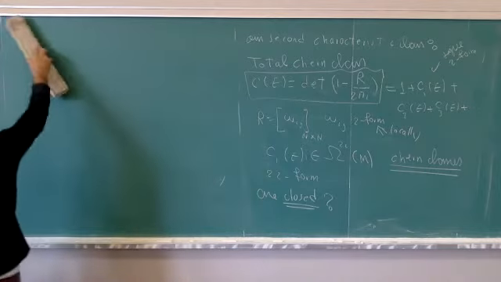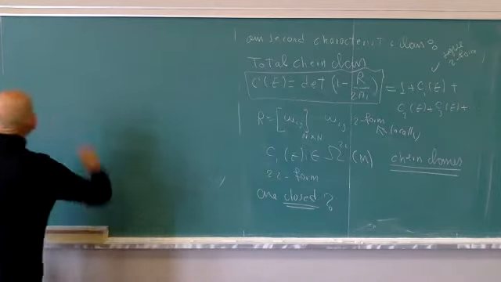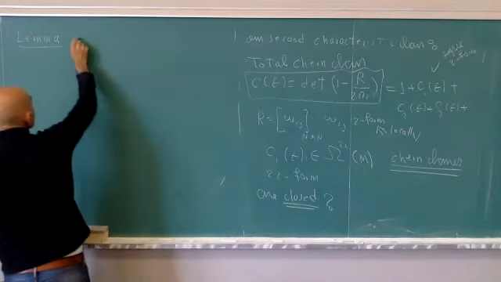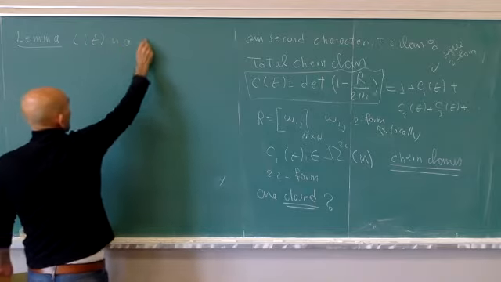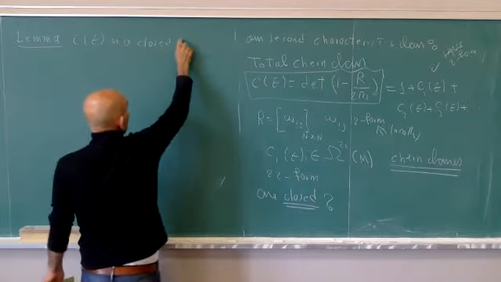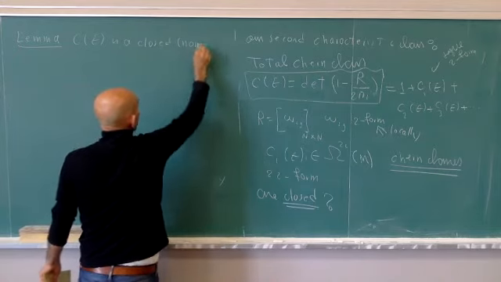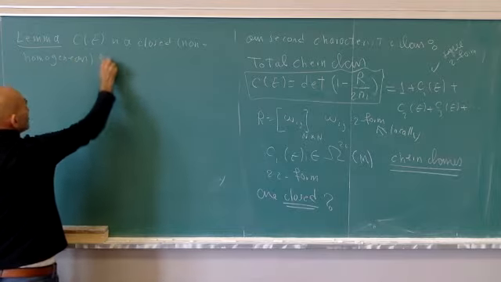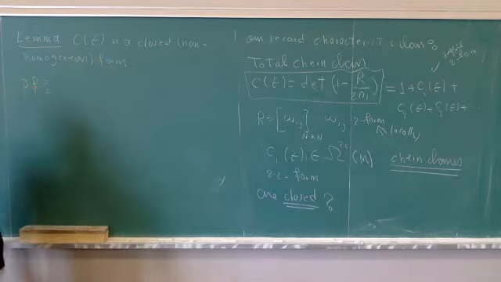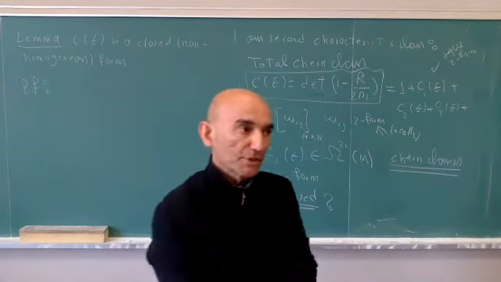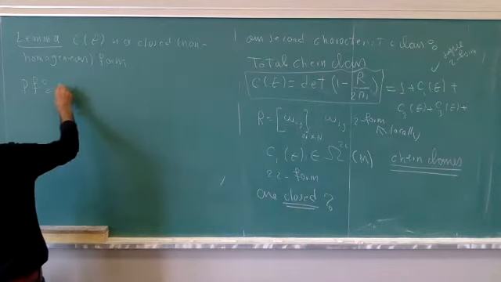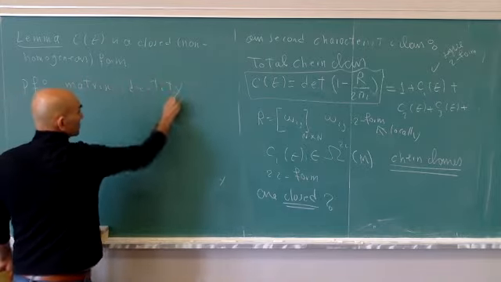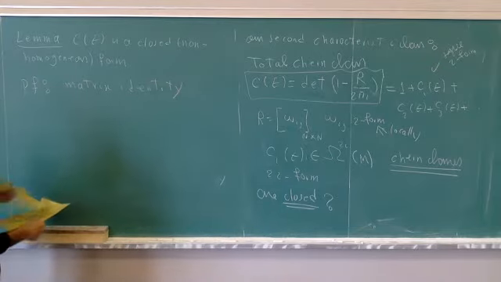Lemma: c(E) is a closed non-homogeneous form. For the proof, this is based on a very interesting identity, a matrix identity. So the matrix identity I want to use is the following.